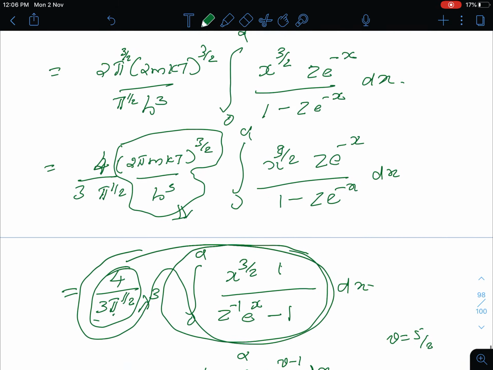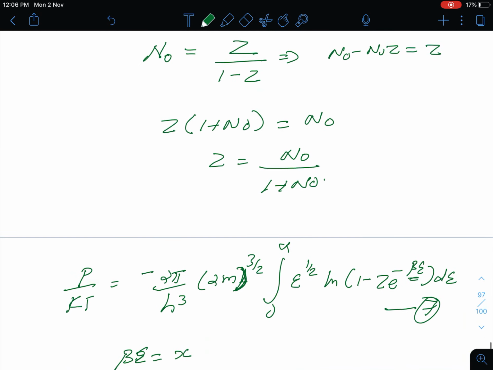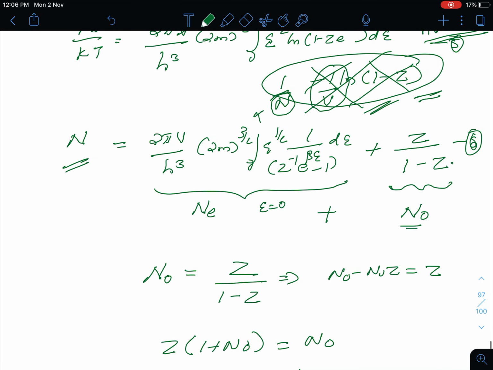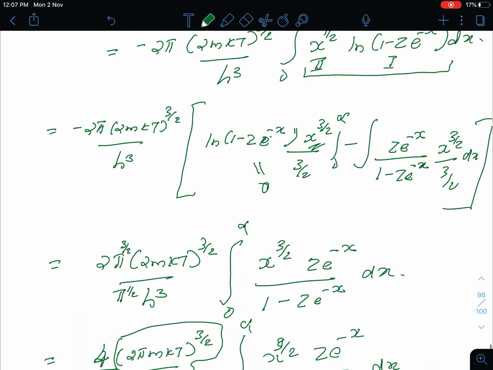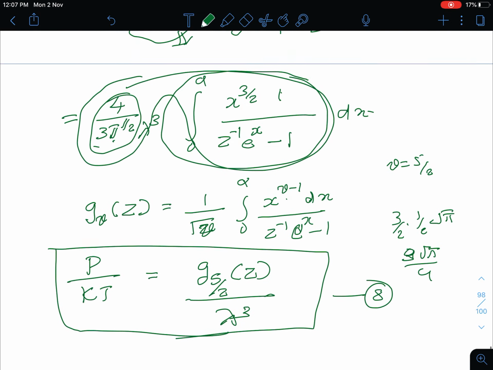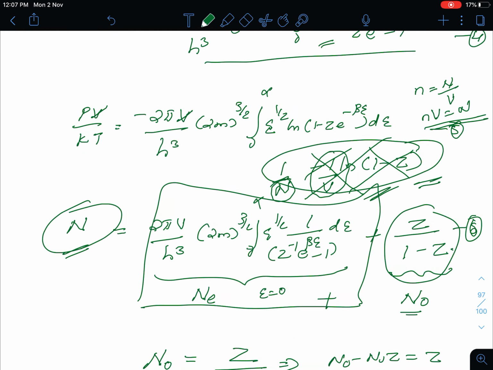Now we have the other quantity. Let us say, what is that quantity? You have this quantity n. So this is n0, this is n, and this integral we can solve. So now I am going to write n0, this is ne.